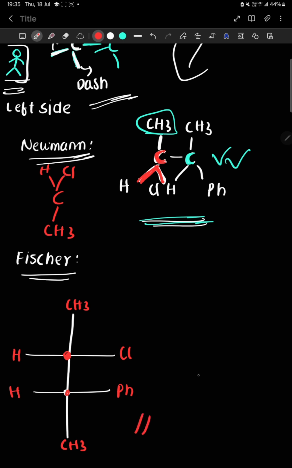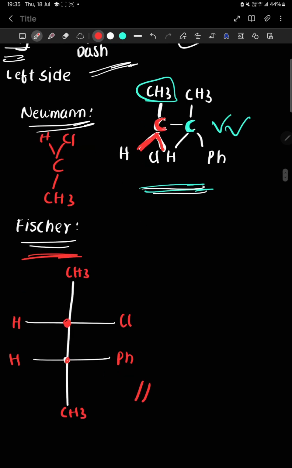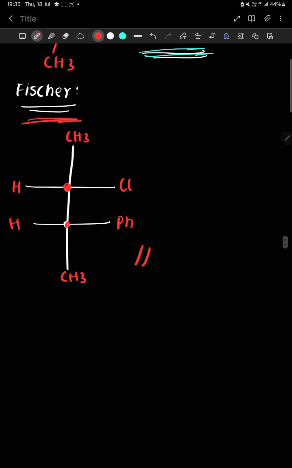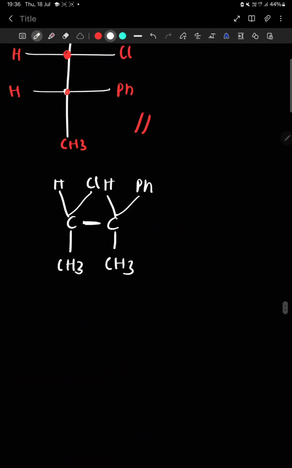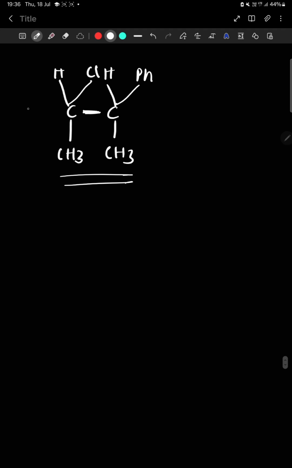So that is basically the Fischer projection, but what if the situation was reversed? I'm not talking about only one being reversed, I'm talking about both. Let me explain in more detail. You see this compound right here? For this, the first carbon atom that you see has its branches on the top. So now we put it in the second position, not the first.